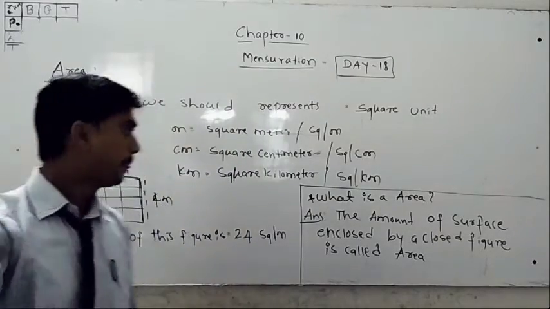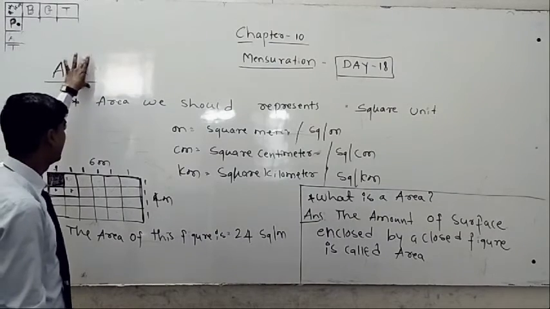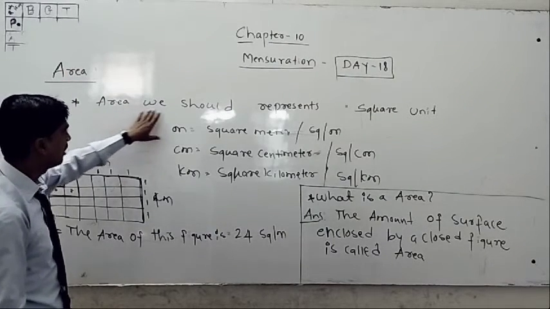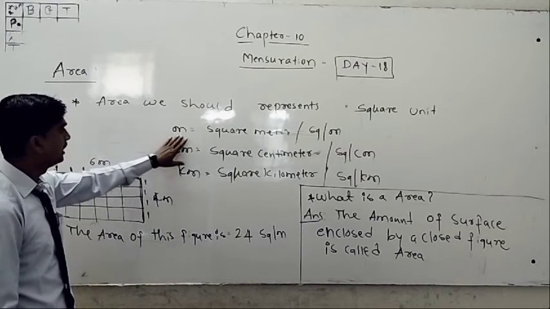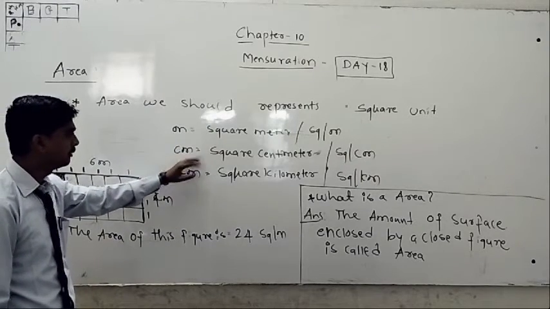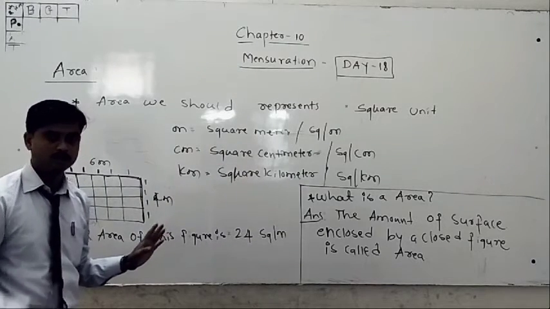All of you take that headline first. In a new page you take the headline, then write here: area should be represented in square units. That is, meter means square meter, centimeter means square centimeter, kilometer means square kilometer. It is very important.